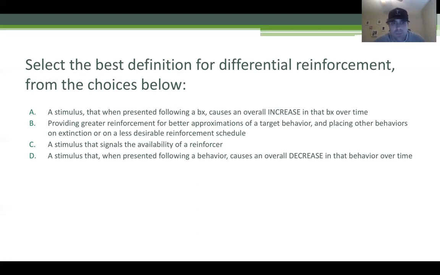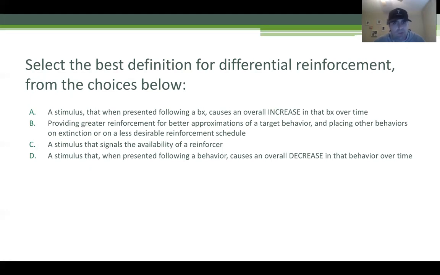A: a stimulus that, when presented following a behavior, causes an overall increase in that behavior over time. Well, it involves reinforcement and an increase in behavior, but it's not what we're looking for. There's no differential reinforcement going on, no extinction going on, not two separate things going on.